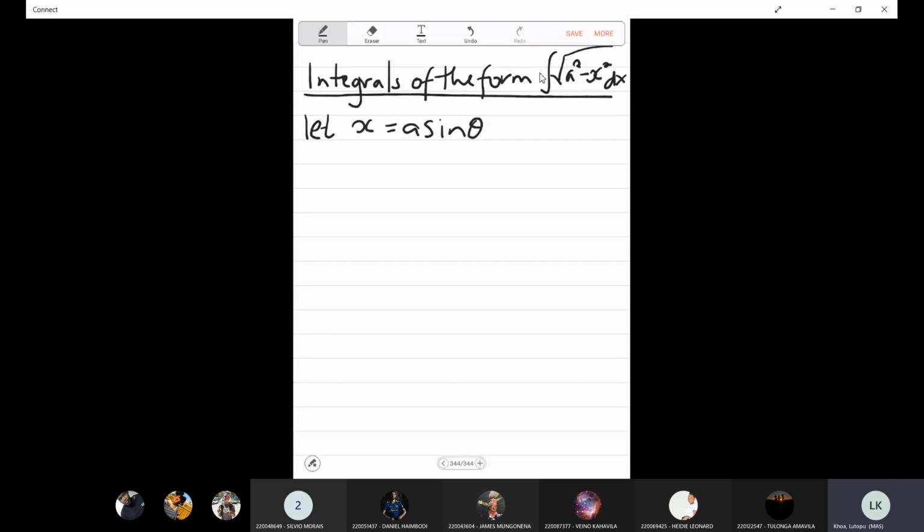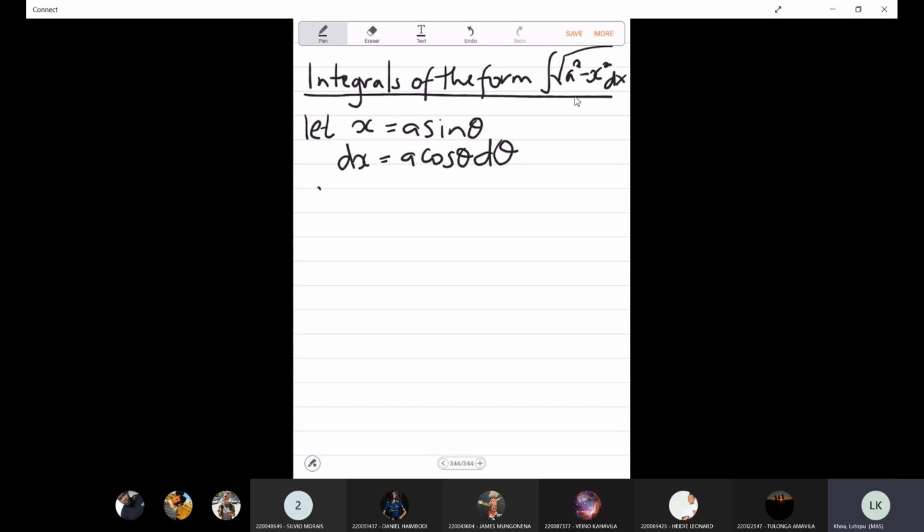Then we will see that what we have to integrate is actually much simpler than what we started with. So differentiating, we have dx, this is a cos theta d theta, and then just substitute it over there.